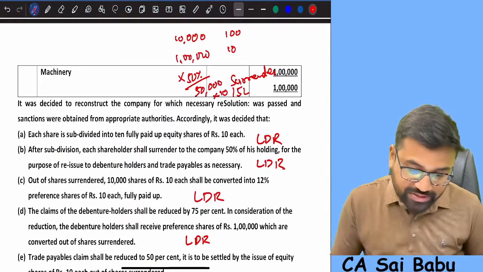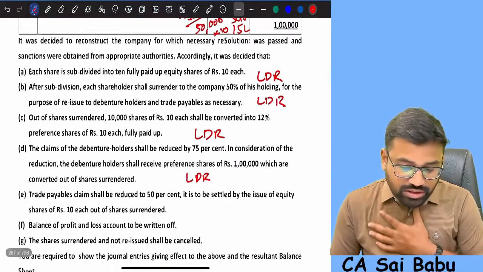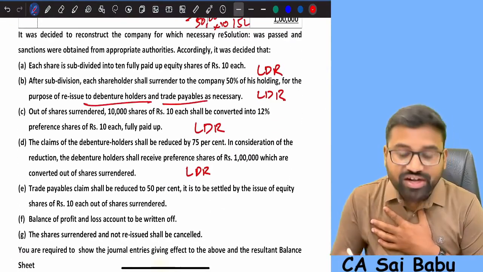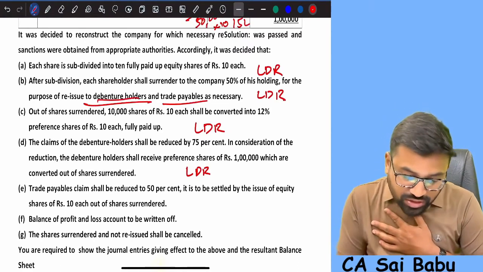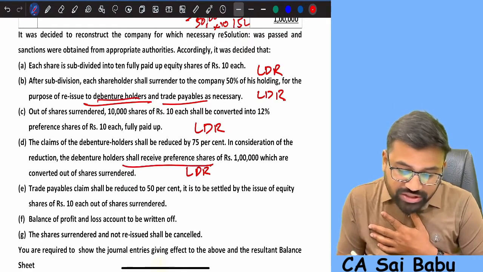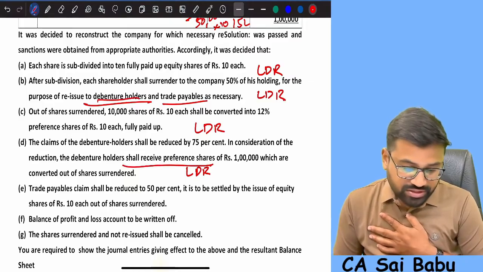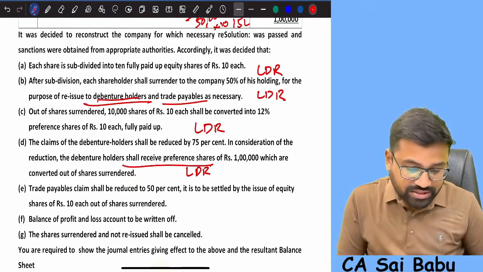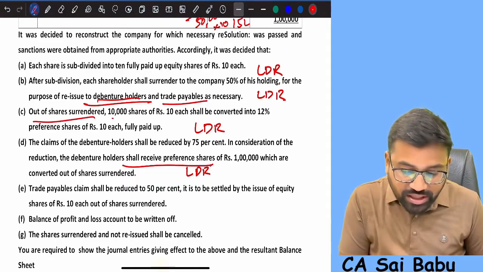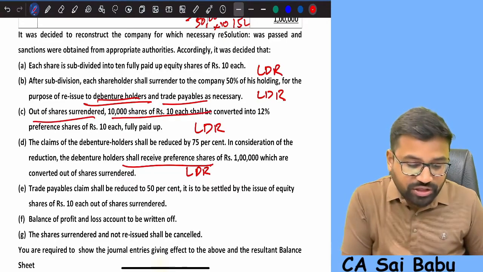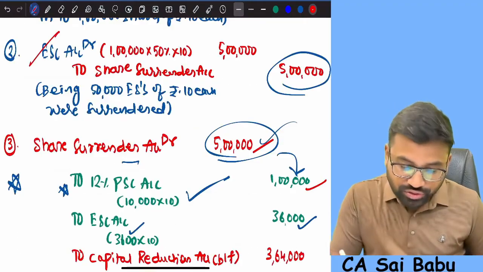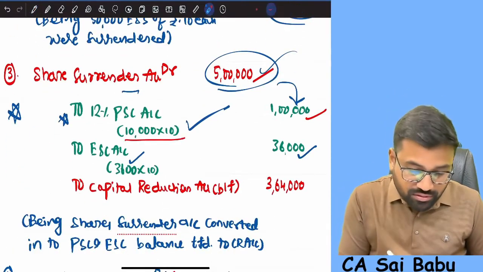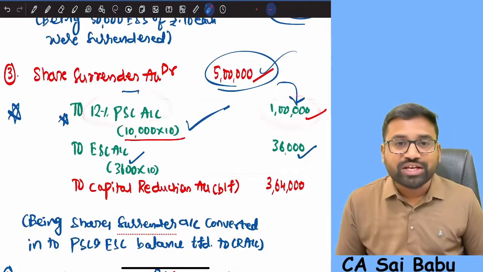Now see what happens. This share surrender is utilized to settle two things. One is debenture holders, another one is trade payables. Now debenture holders will take what? Preference shares. How many preference shares will we convert from share surrenders? Out of the share surrendered, 10,000 shares of 10 each shall be converted into 12% preference shares. So from the share surrender account, 10,000 shares of 10 is converted into 12% preference share capital, 1 lakh.